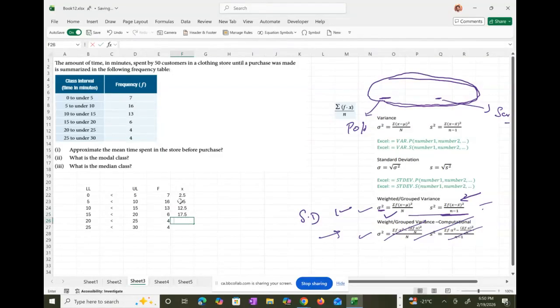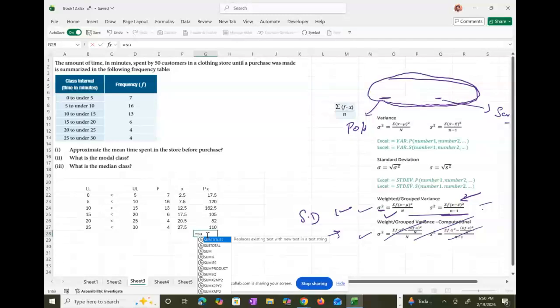The next one will be 20.5, and the next one will be 27.5. So these are the middle values. Now I'm gonna do pretty much the same thing to calculate my answer. fx, f times x, equal to this times this, and we got these values.